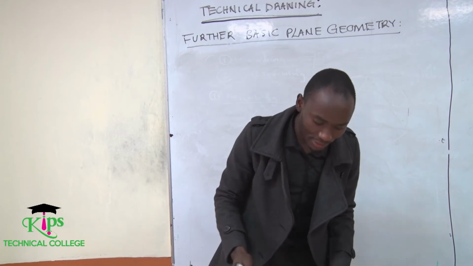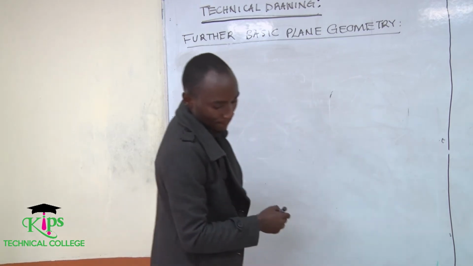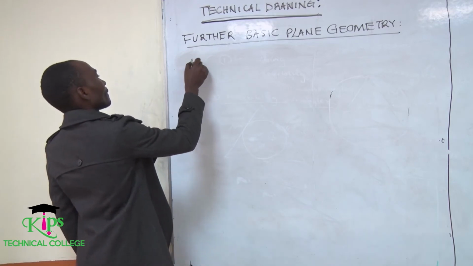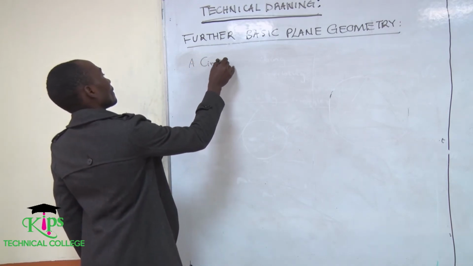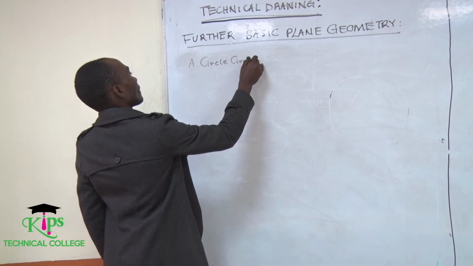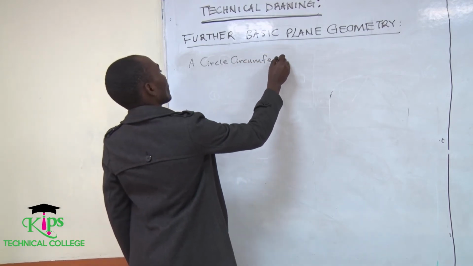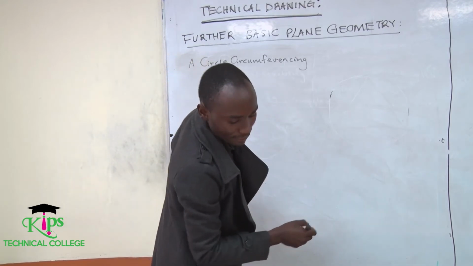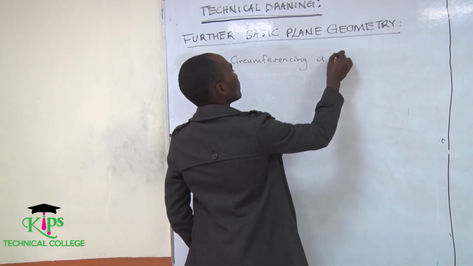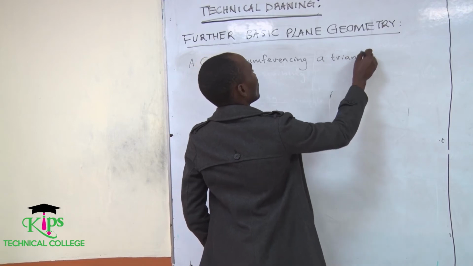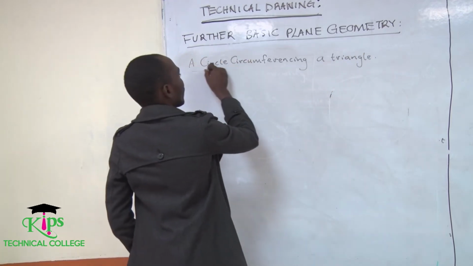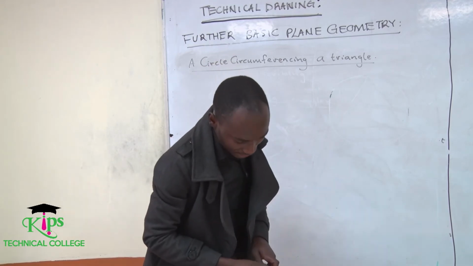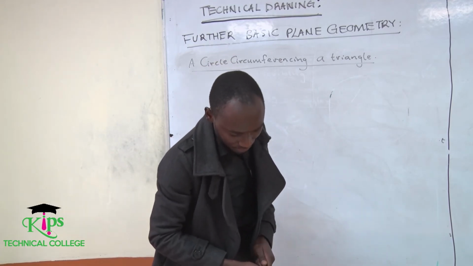Let's now start with a circle circumferencing a triangle.